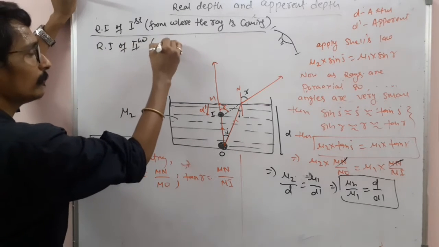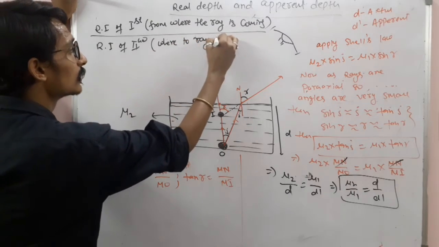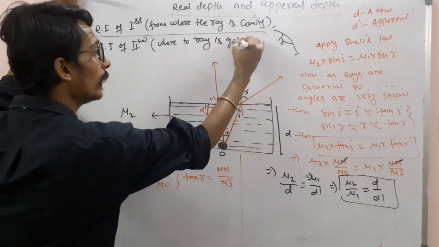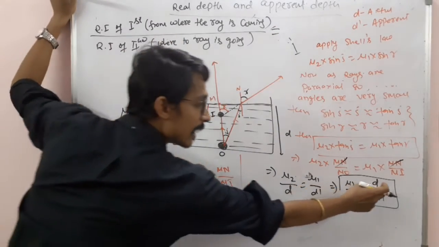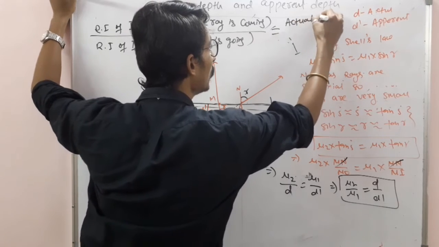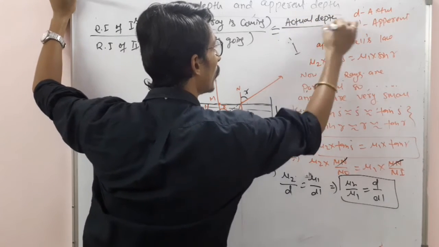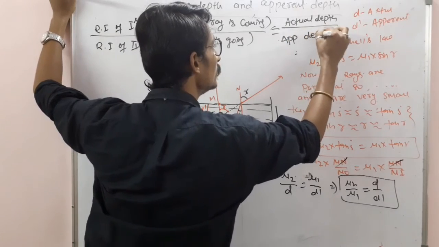And what is the second medium? Where the ray is going, is equal to actual depth divided by apparent depth. Any confusion here?